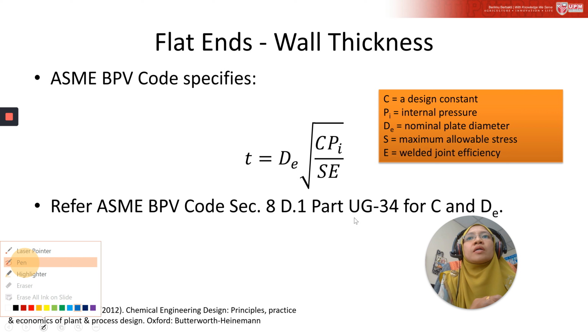C is the design constant, while De is the nominal plate diameter. C and De can be obtained from the ASME BPV code Section 8 Division 1.